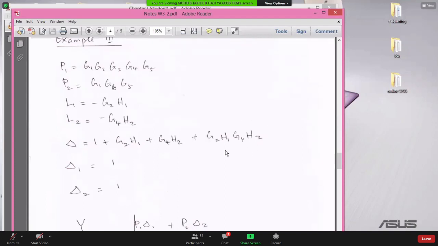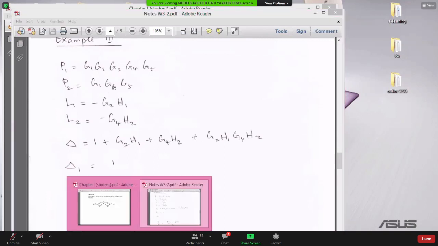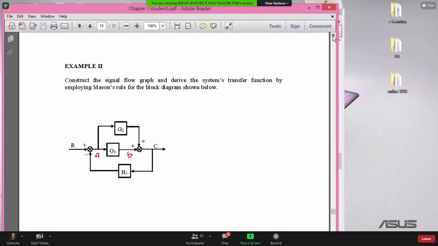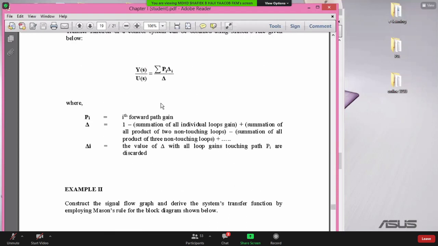So that's your delta. So delta is 1 minus summation of all individual loop gain plus summation of all product of two non-touching loop. So we have one product of two non-touching loop, L1 and L2.